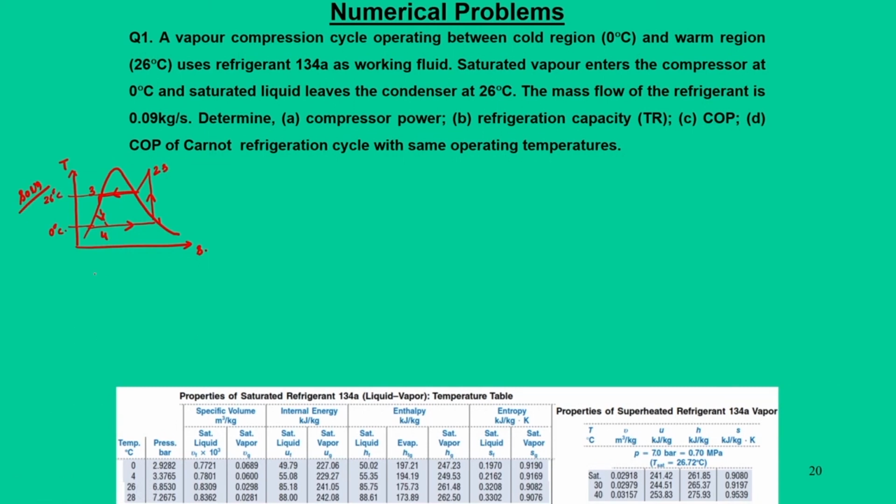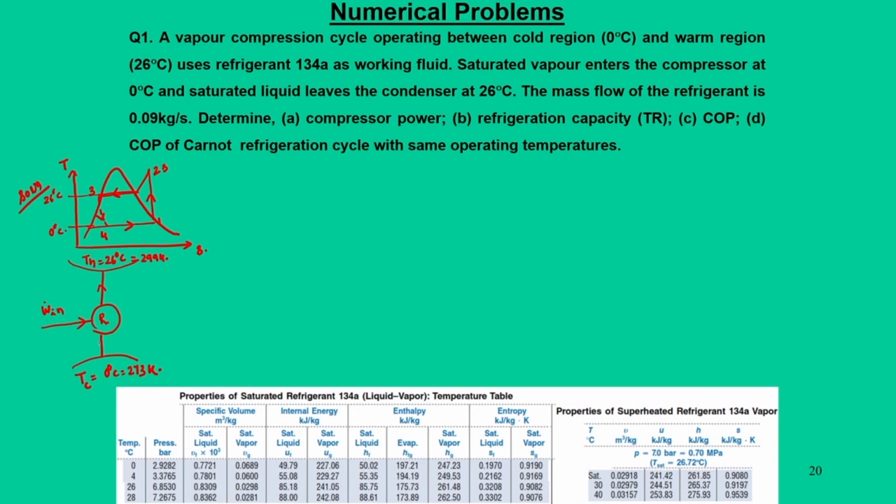And if you draw its circuit, basically it is a refrigerator. The warm region temperature is TH, 26 degree centigrade, which means 299 Kelvin, and in the cold region we have 0 degree centigrade, that is 273 Kelvin, and for this we also require W dot in.